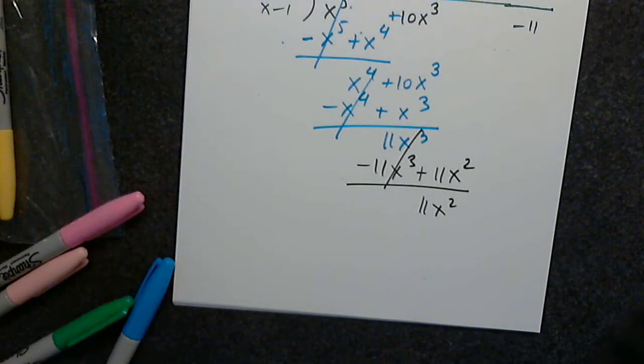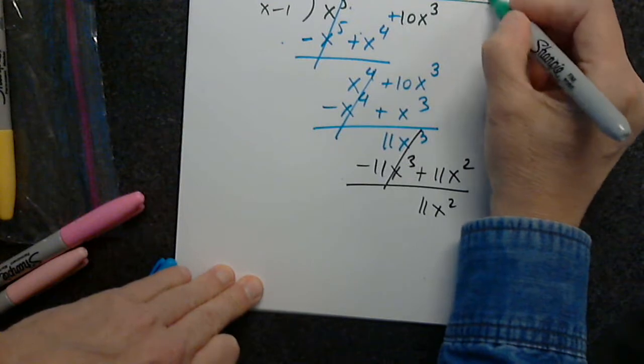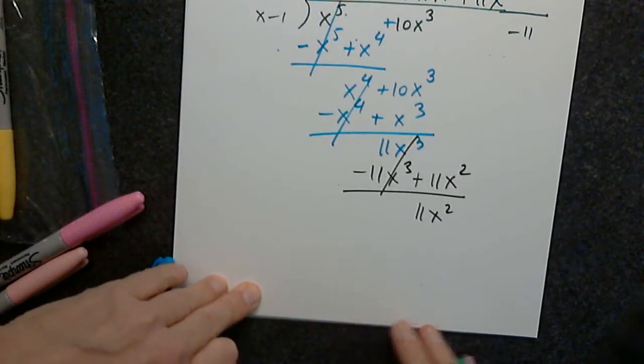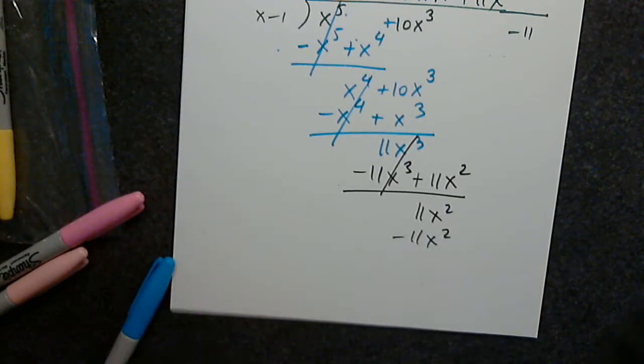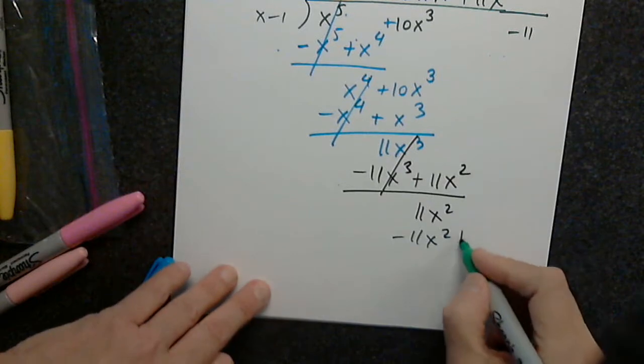X times what is 11x squared? Positive 11x. Perfect. 11x times x is 11x squared, subtract. 11x times negative 1, negative 11x, but I have to subtract.